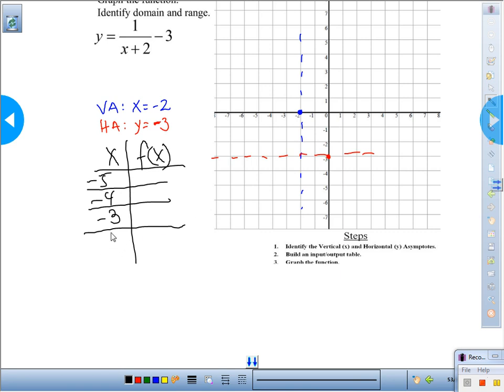What are the other 3 that you would use? Negative 1, 0, and 1. Hands if you got that. That is correct. So let's see. If I substitute this one, negative 5 in here, what is negative 5 plus 2? Negative 3. That leaves me with negative 1/3 minus 3. That's negative 3.3. And so on and so forth.